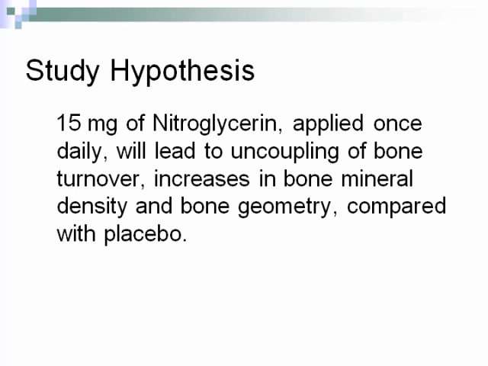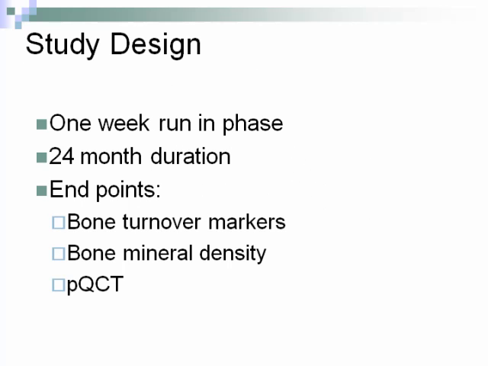Now, what I'll just share with you before we go further is that in our 2-week crossover study, we found that women tolerated the nitroglycerin ointment, which is what we went on to use in our 2-year study, much better than the isosorbide mononitrate pill with regard to headache. So after we identified the ointment as being the agent we would go with, we had a 1-week run-in phase.